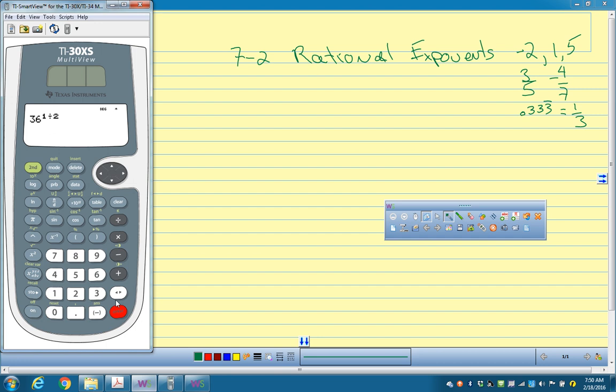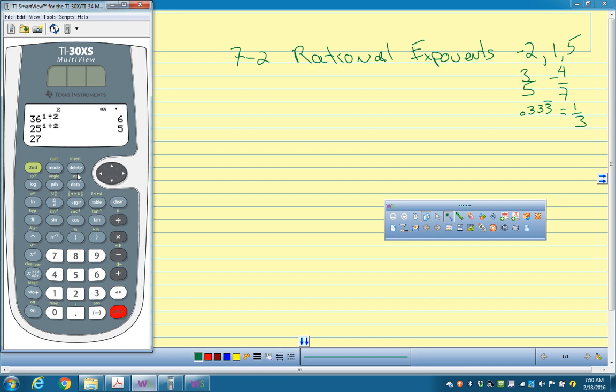It's crazy. What's 25 raised to the 1/2 power? What do you predict? I'm guessing 5. Okay? What's 27 raised to the 1/3 power? 3. Okay?